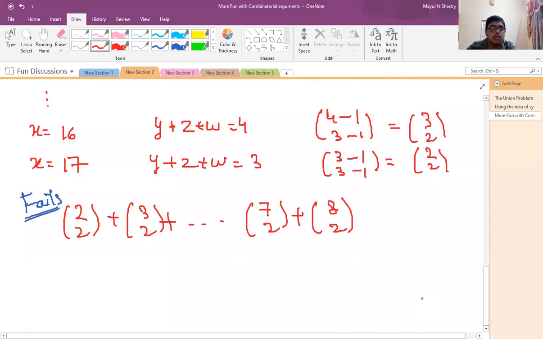That's nice. And I assume that x is exceeding 10. Similarly, y can exceed 10, z can exceed 10, even w can exceed 10. So I have to count 4 times this, because there are 4 such cases and they're all symmetric cases. So it would be 4 times this.